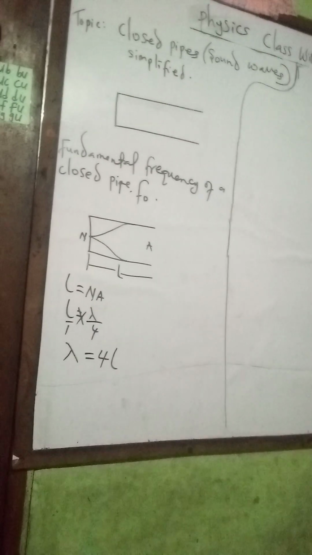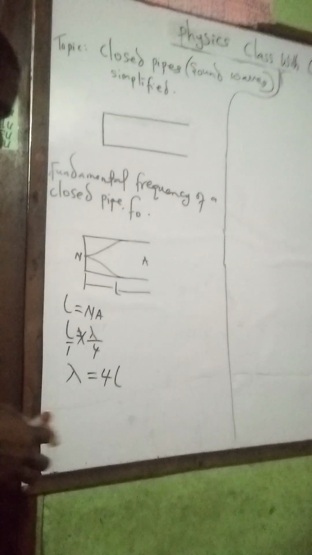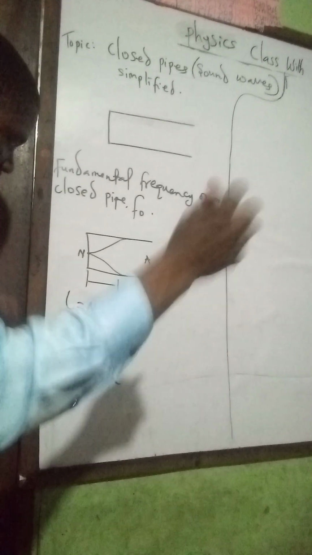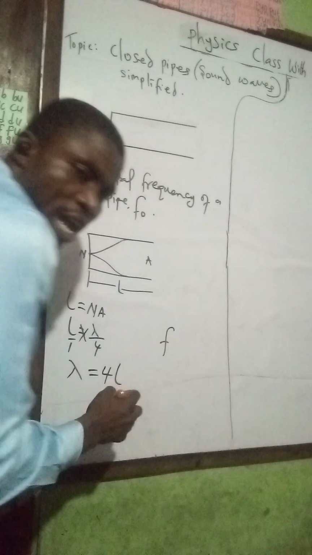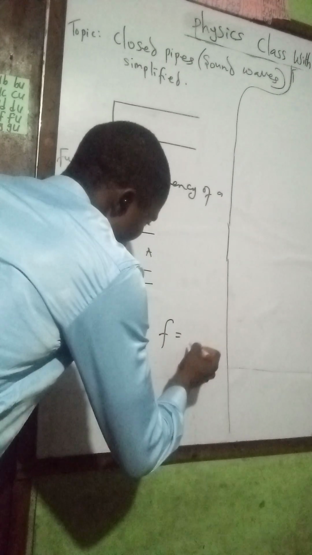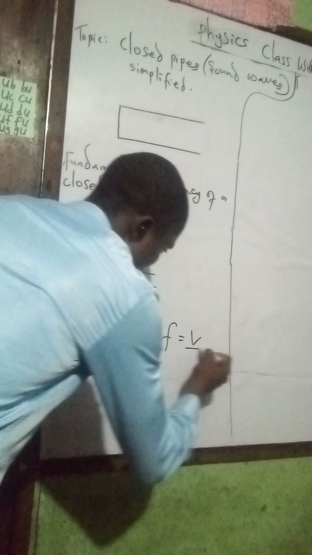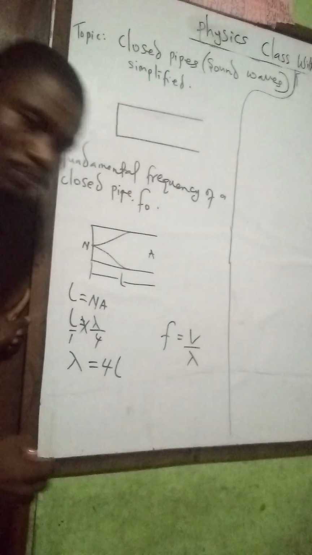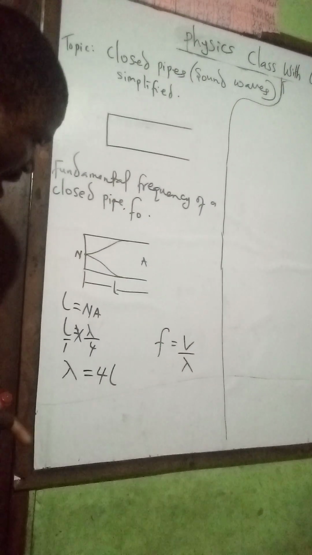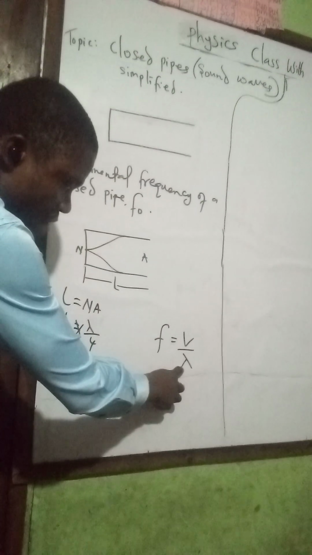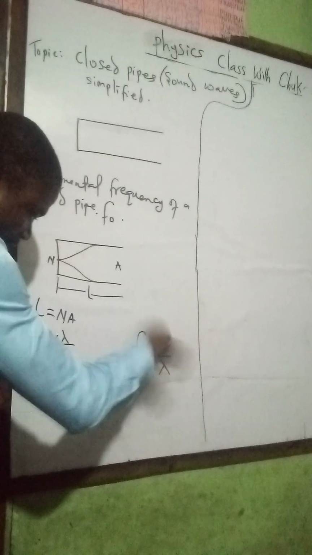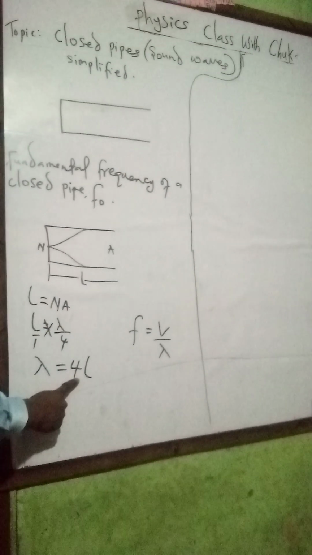4L. Now, I know from the equation of waves that frequency of a wave is equal to the speed of wave over wavelength. Where I see wavelength, I'm going to replace it using 4L.